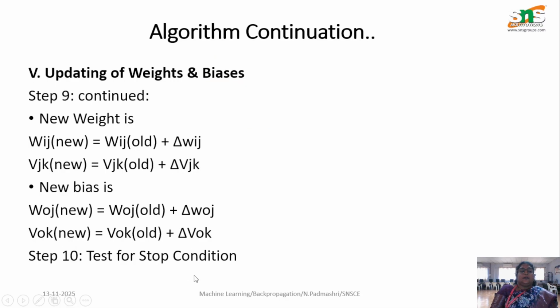So how do we write the updated weight value? You need to calculate the new weight, based on the old weight plus the adjusted weight. The new weight w_ij is a weight, and when I say w_oj, it is a bias. So new weight equals old weight plus the change in the weight.